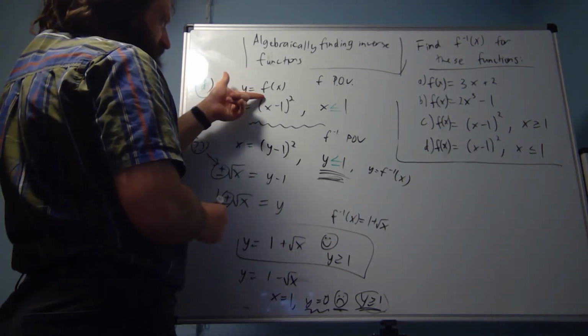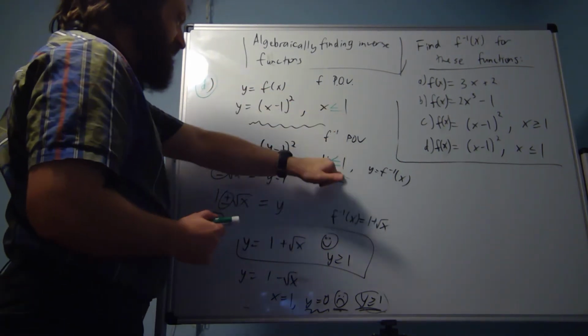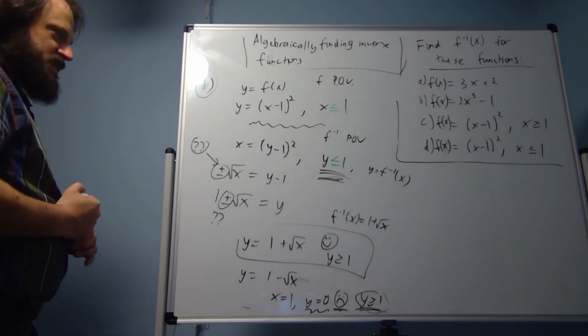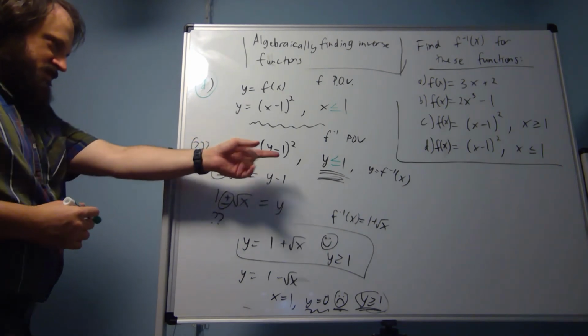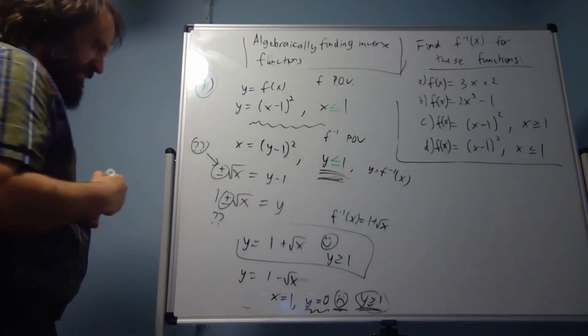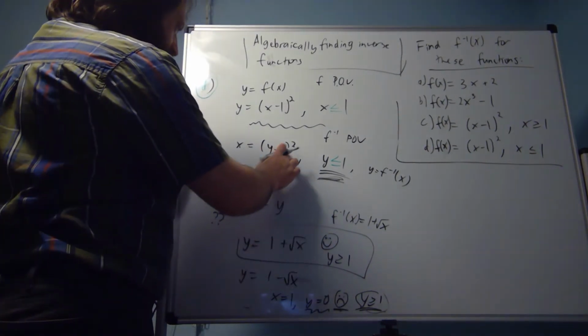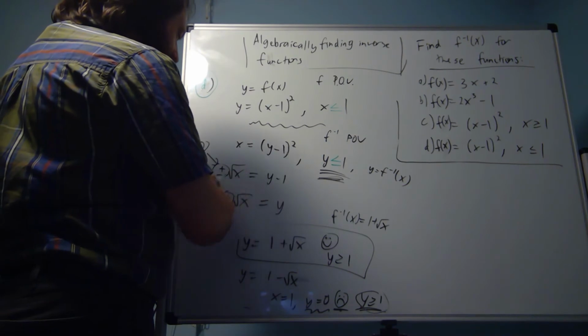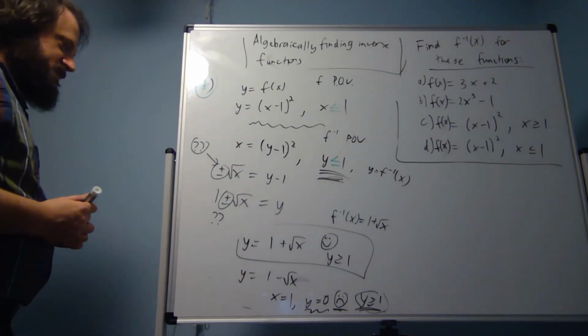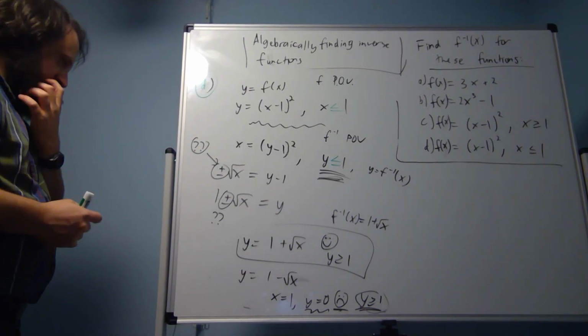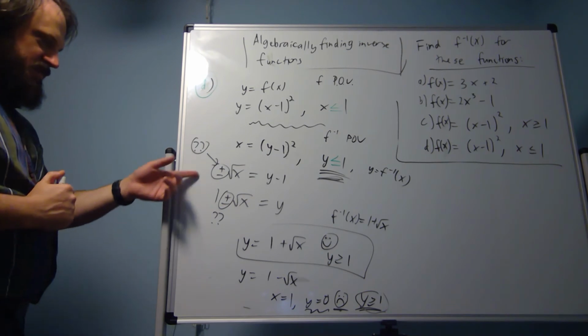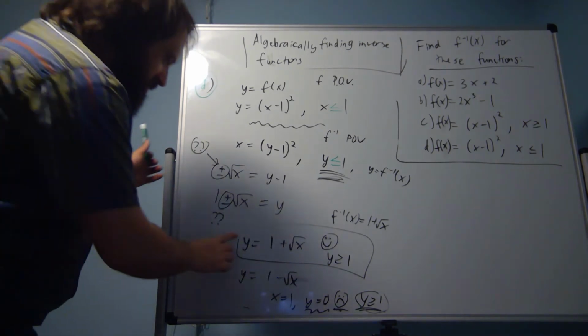The inverse of this function with that domain, now we have that y has to be less than or equal to 1, or else we've made a mistake. We solve for y. y is 1 plus the square root of x, or it could be y is 1 minus the square root of x. Either one of these could have been true.